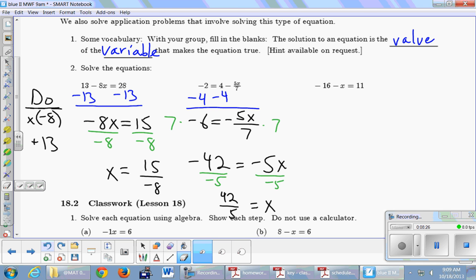Okay. And then the last equation, -16 minus x equals 11. It looks even simpler than the one we just did, but there's a reason we're including it here. So what do we do first? Let's add that 16 to both sides.